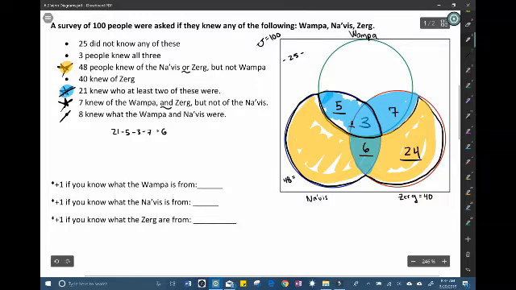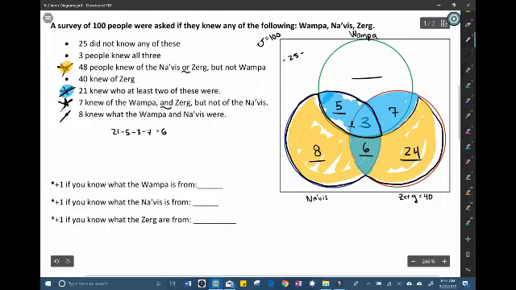Okay. The other thing, remember, our orange has to equal 48. Well, here's a 40 right here, and this whole circle. So that means this must be 8. And then we have that whole thing equaling 48. Okay, and hey, the only thing we're missing is this here. Well, the interesting thing is the whole universe again is 100, and we have everything filled out except for that missing spot.